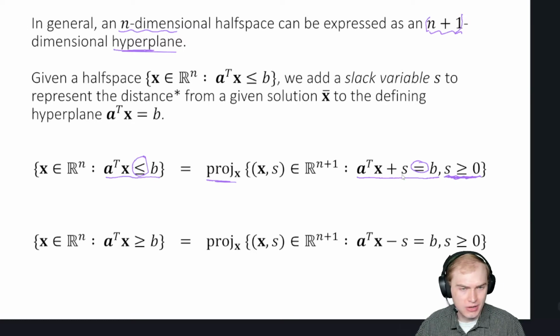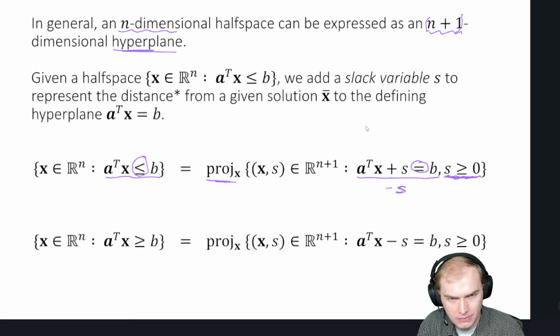So if we could subtract S here, then we could effectively increase the right-hand side of our constraint. So maybe what if I write it like this?